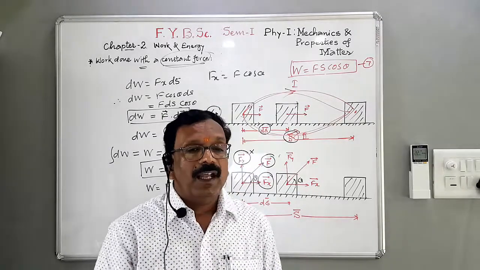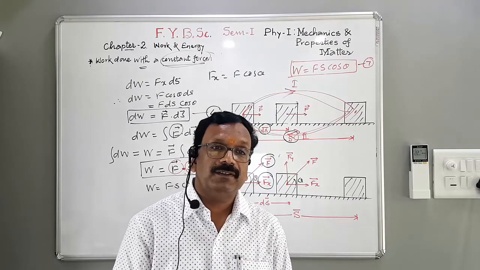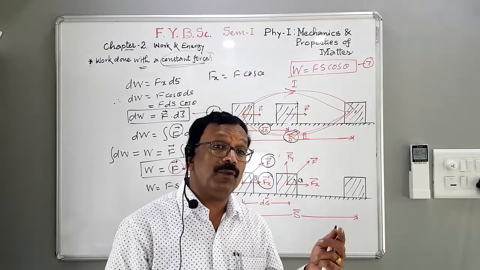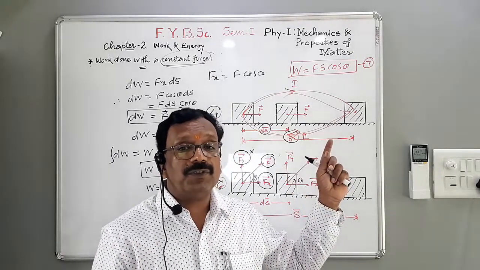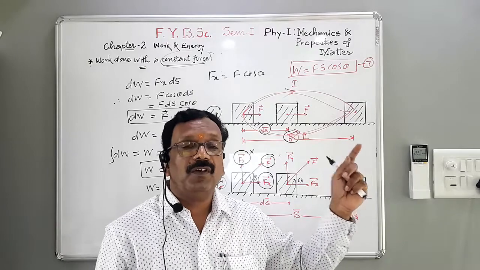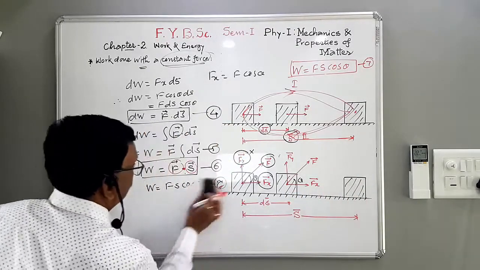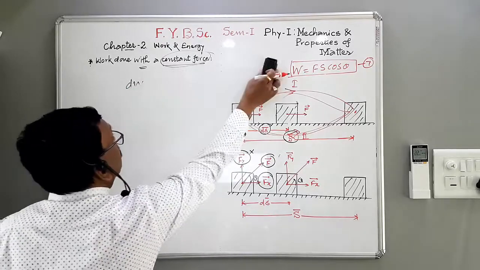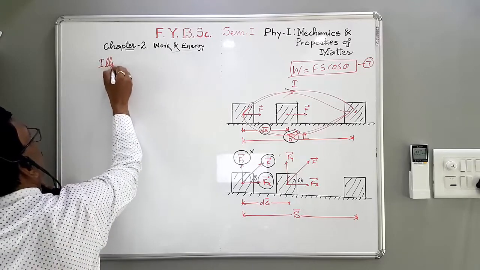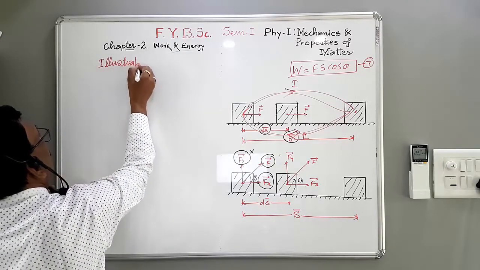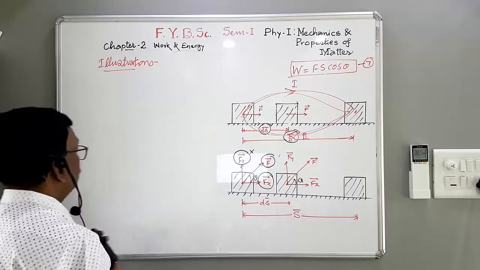Now I am going to give some illustrations, and these illustrations are very important to decide whether the work done by a constant force is positive, negative or zero. Okay. So first illustration, see here.